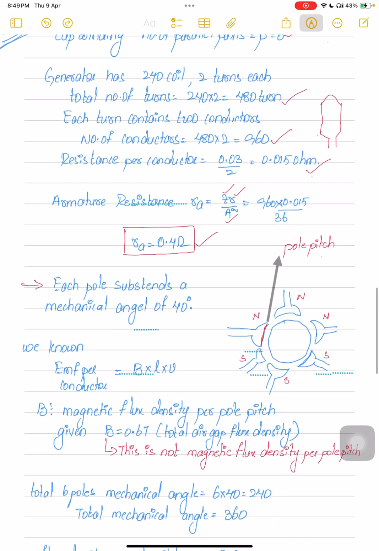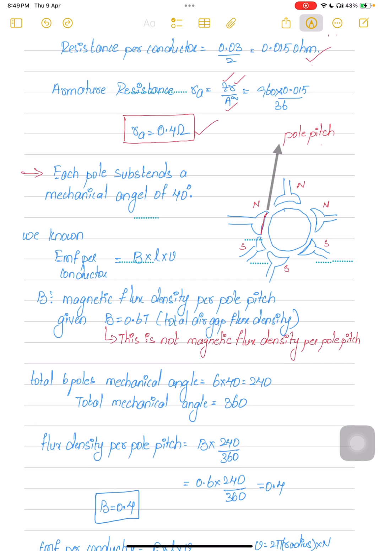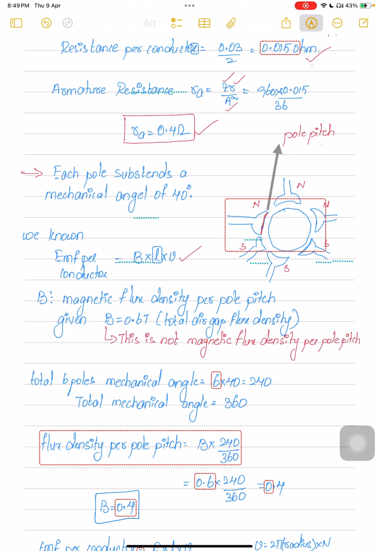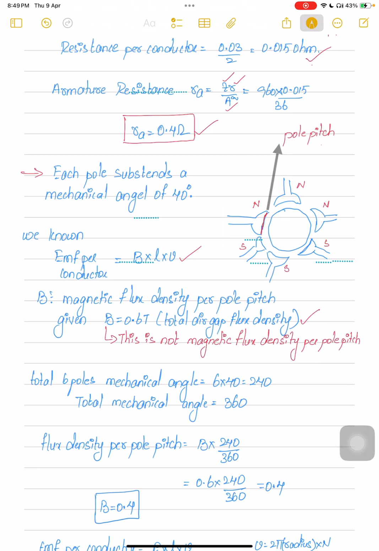Here we already know that to find the EMF per conductor we have the formula B into L into V. B is the magnetic flux density per pole pitch. Here we should not substitute 0.6 in this formula because that is the flux density over the pole arc, and we need to find it per pole pitch.